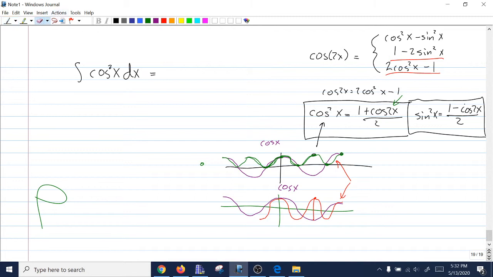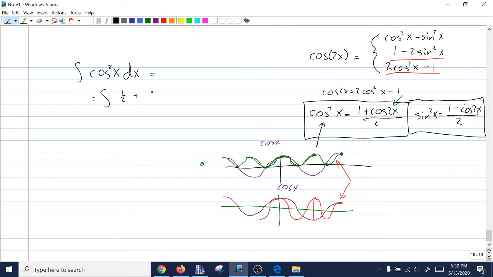To integrate cosine squared x, I'm rewriting it as this thing, which I know how to integrate really straightforwardly. This is the integral of 1 plus cosine 2x over 2.